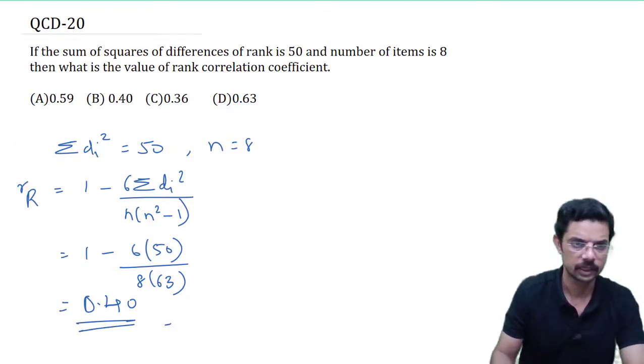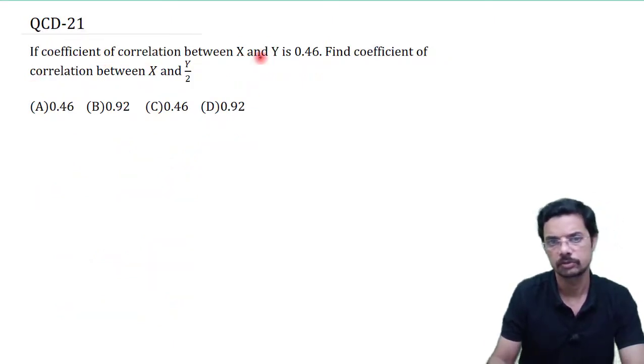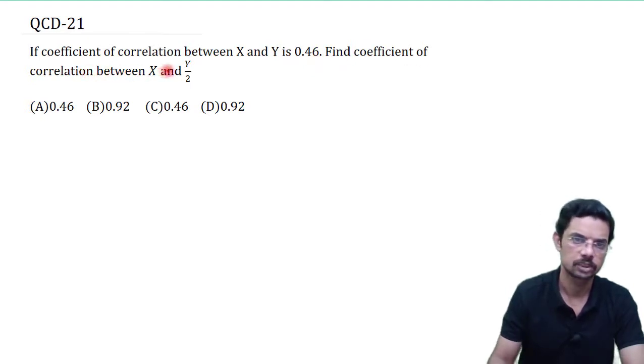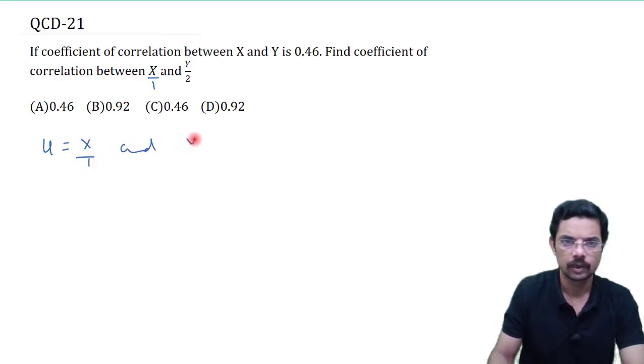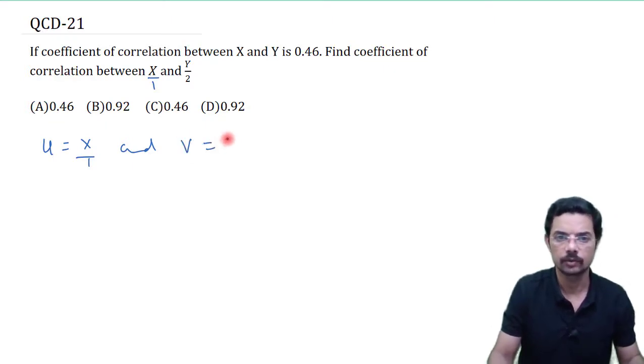Now, let us move on to the next question, question number 21. If the coefficient of correlation between x and y is 0.46, find the coefficient of correlation between x by 1 and y by 2. So, change in scale. Let me take u equal to x by 1 and v equal to y by 2.